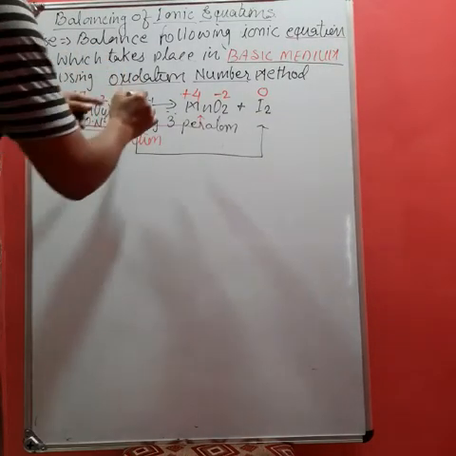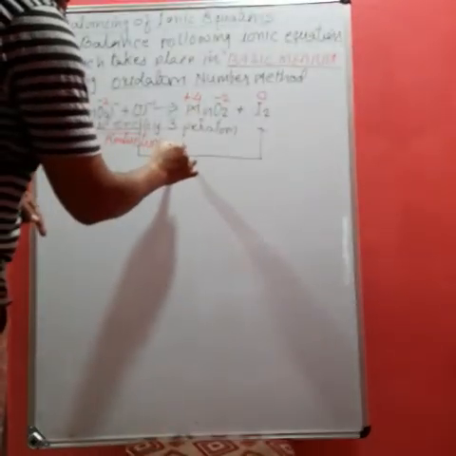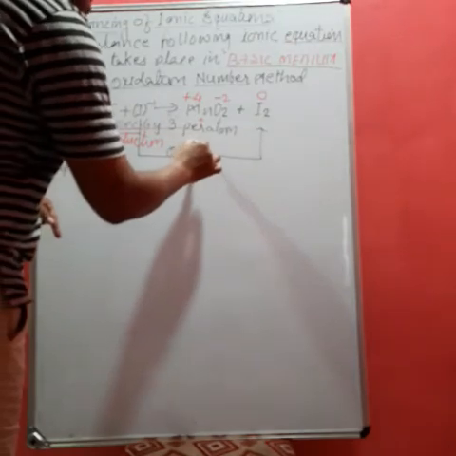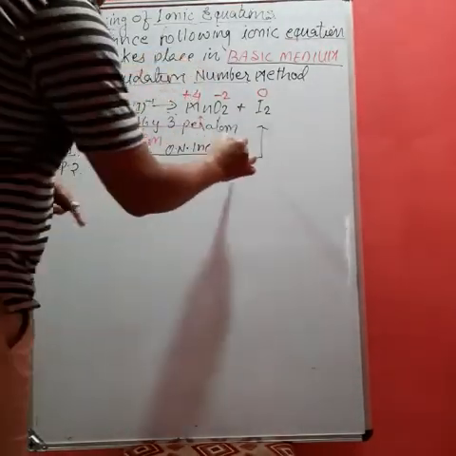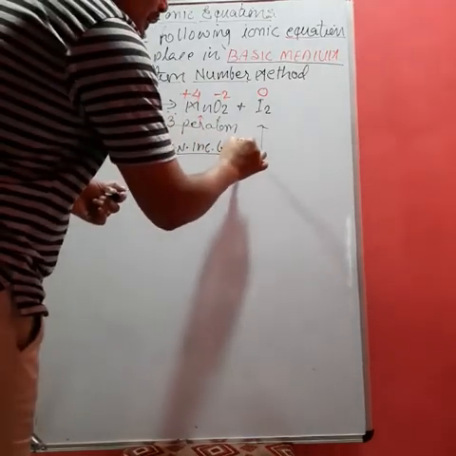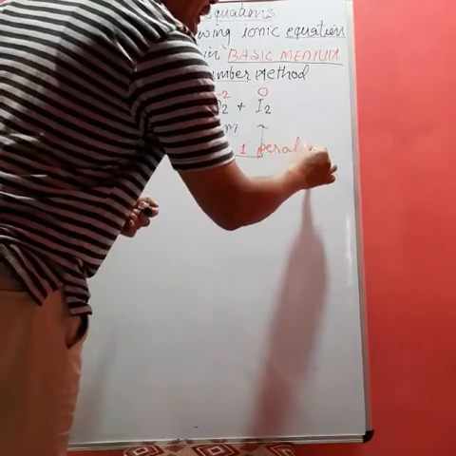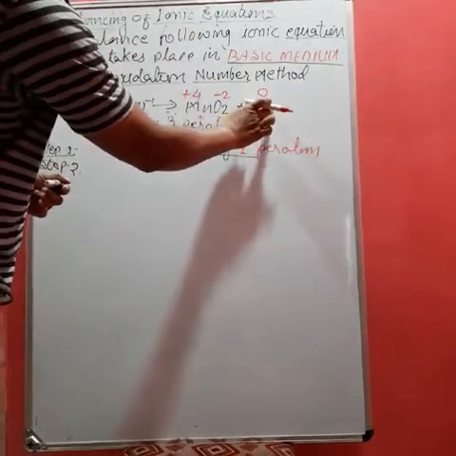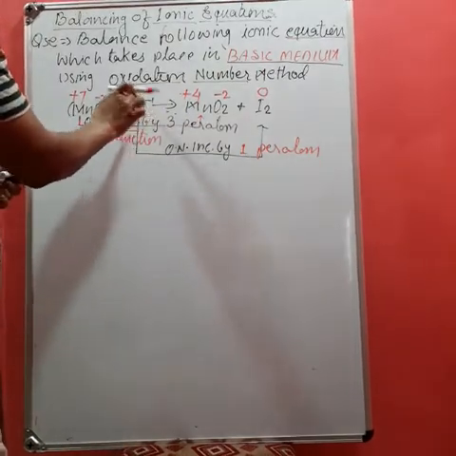Now compare: -1 converted into 0. So the oxidation number increases by 1 per atom. Remember, we have to write per atom, because here the number of atoms is 2, but here the number of atom is only 1.